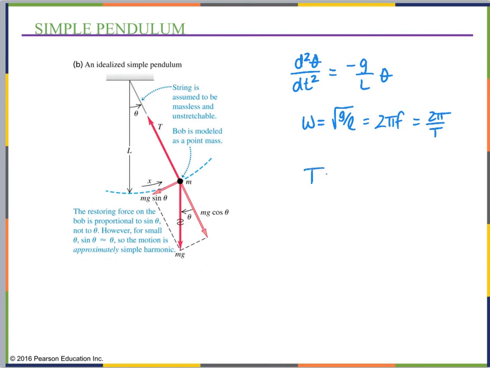So our period is equal to 2 pi square root of L over g. You'll have a lot of problems for the pendulum talking about how the period can be affected by either the length of the string or the acceleration of gravity at that location.